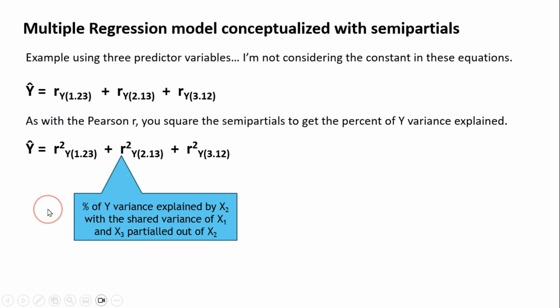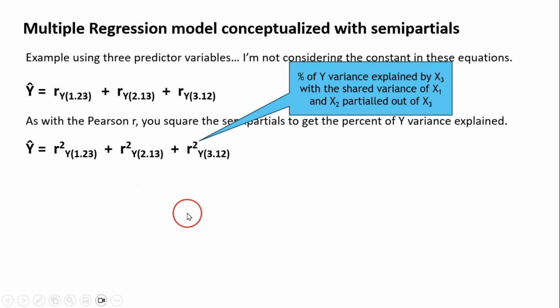And the second one is the percent of Y variance explained by X2 with the shared variance of X1 and X3 partialed out of X2. And finally, the third one would be the percent of Y variance explained by X3 with the shared variance of X1 and X2 partialed out of X3.